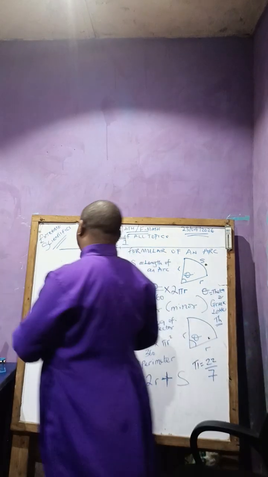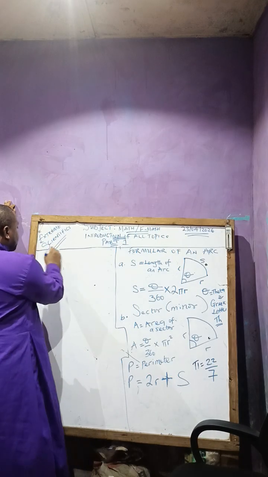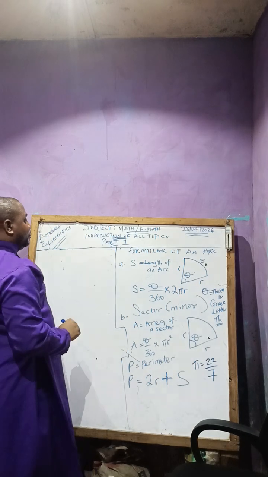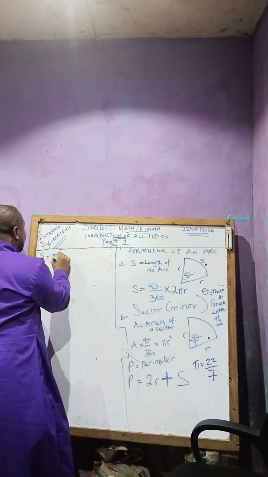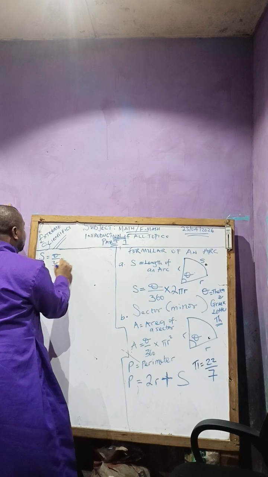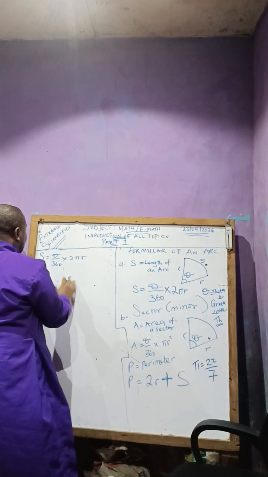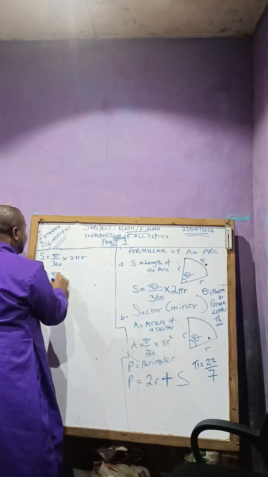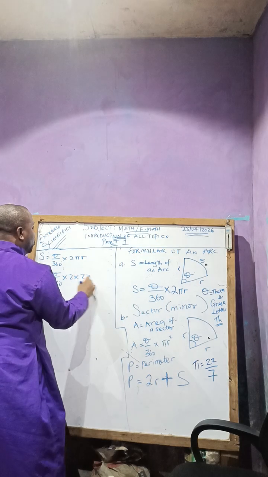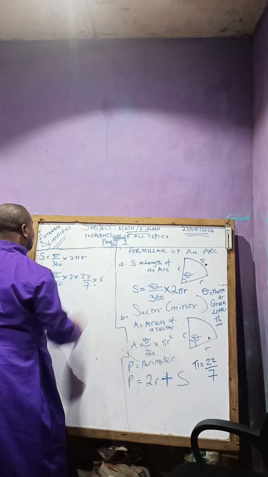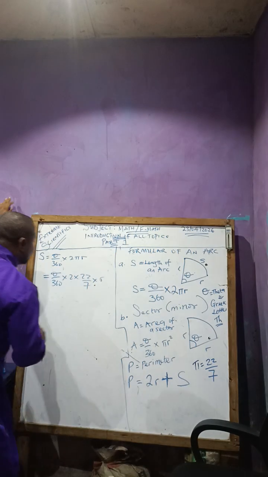Now look at this. We have S, the length of an arc, equal to theta over 360 times 2 pi r. Let's arrange again: theta over 360 times 2 times 22 over 7 times r, the radius. Are you seeing this? Good.